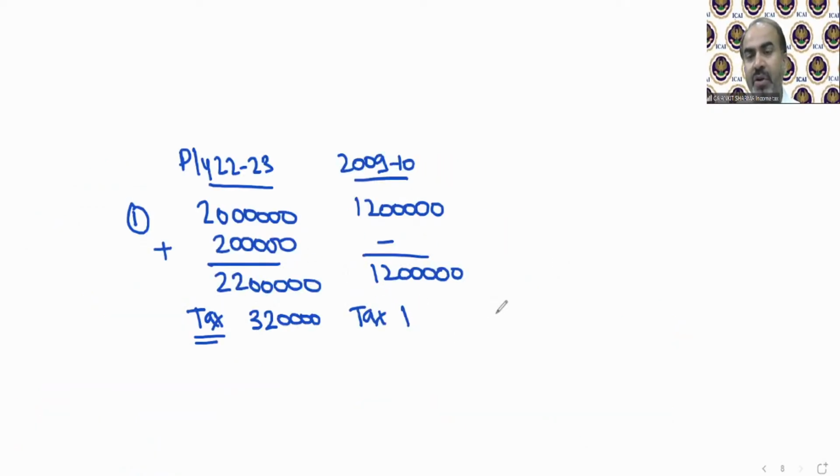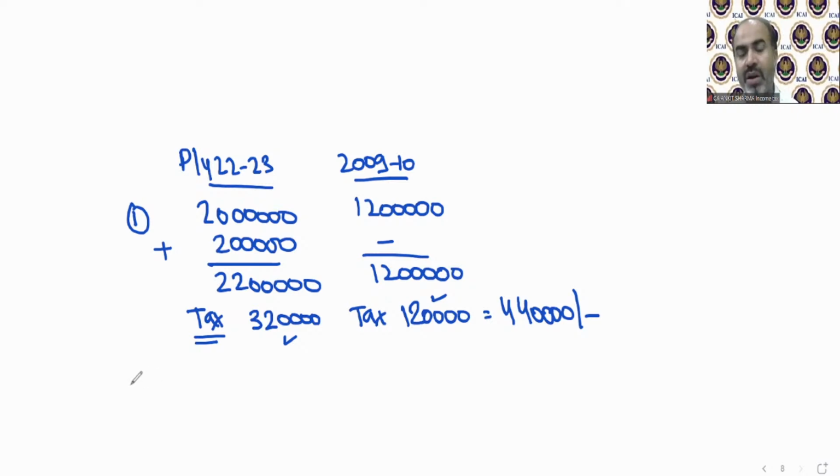This is the amount of tax the assessee is technically going to pay, because in 2009-10, without arrears, he needs to pay this amount of tax. And in this year, including arrears, he needs to pay 320. So in total he needs to pay 4,40,000 rupees. We are just assuming this figure, that tax on 22 lakh is about 3,20,000 and tax on 12 lakh is 1,20,000. This is actually happening.